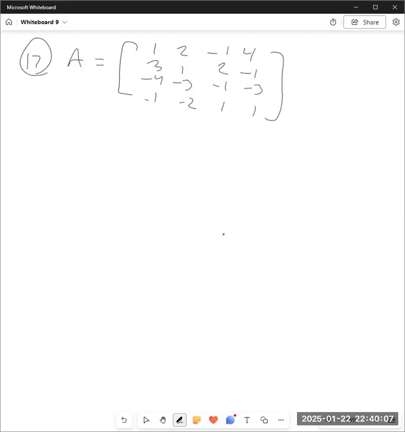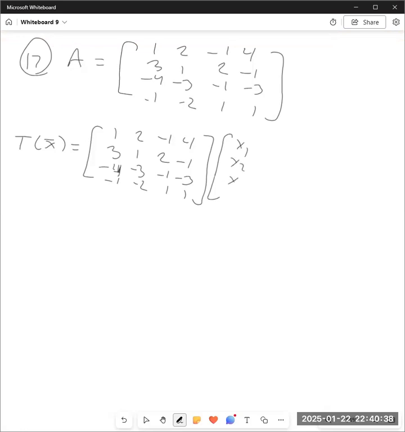And so T of x bar is equal to A times (x1, x2, x3, x4), which equals (0, 0, 0, 0) to find the kernel.